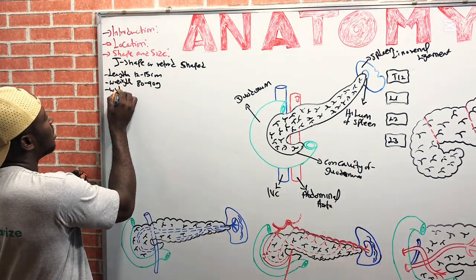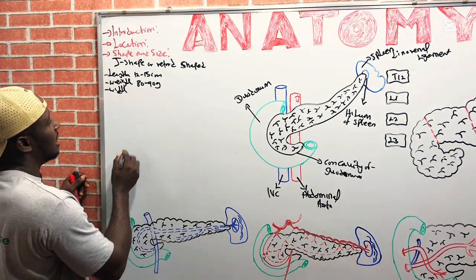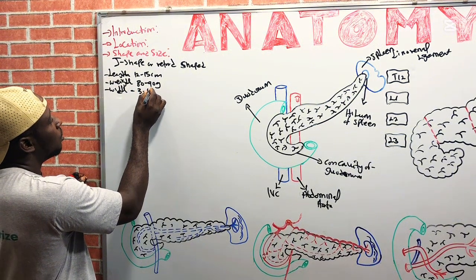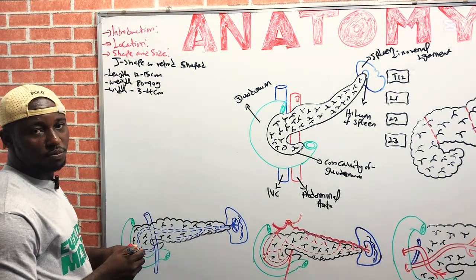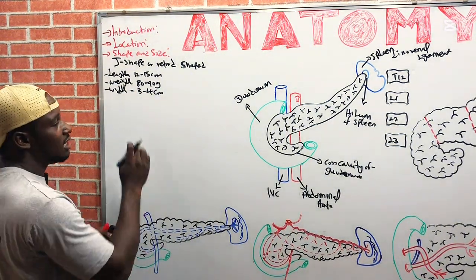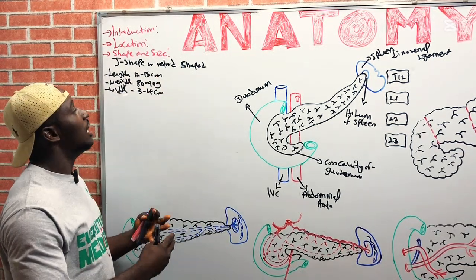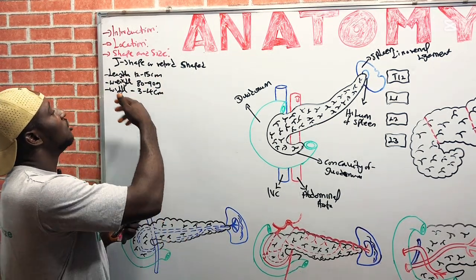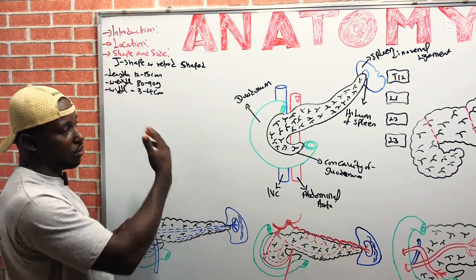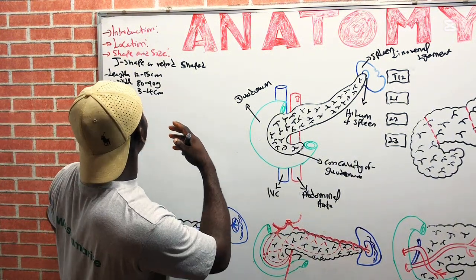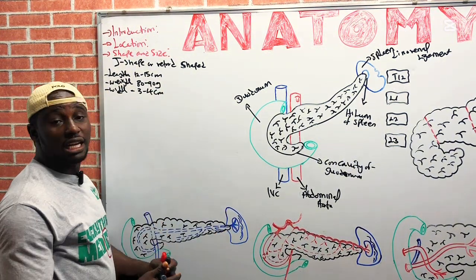The width of the pancreas is usually 3 to 4 cm, right? So these are the sizes of the pancreas, ranging from the length to the weight and also the width. So we have discussed the shape and size of the pancreas.